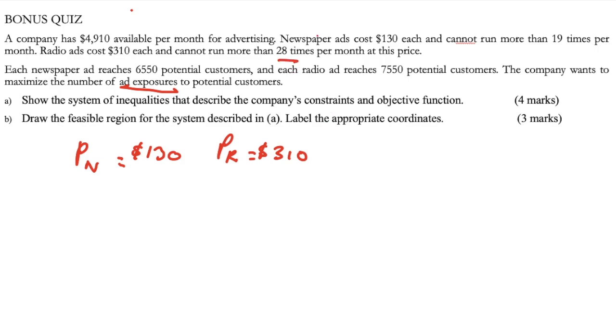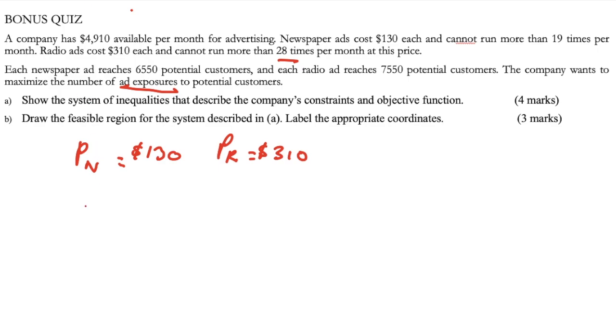If you have an advertisement on radio per month, you can have it repeated on radio 28 times maximum. That's what it means. For newspaper, you can print the same advertisement for your product not more than 19 times per month. Could be twice per day, the remaining 17 could be once a day, as long as it's not more than 19 times per month for newspaper. That's what it means.